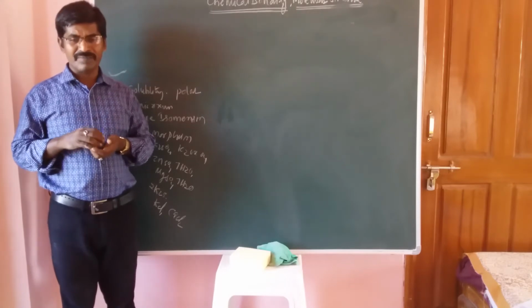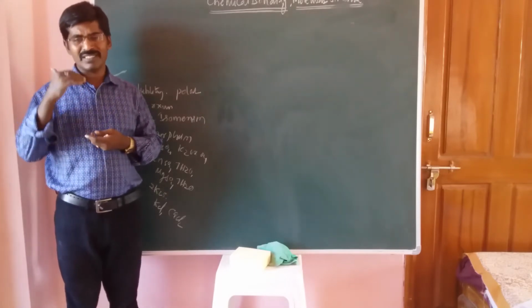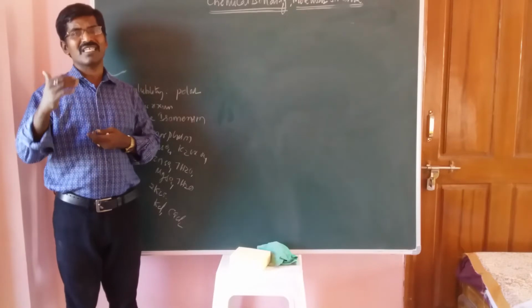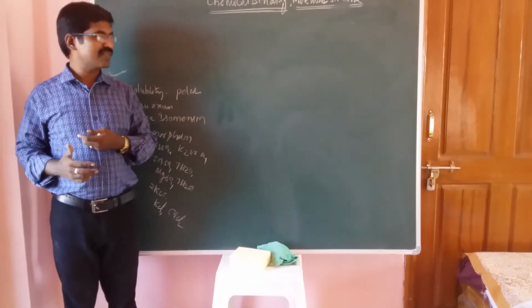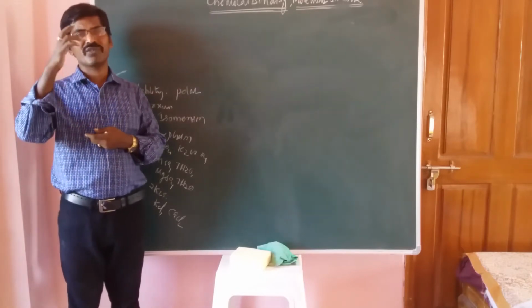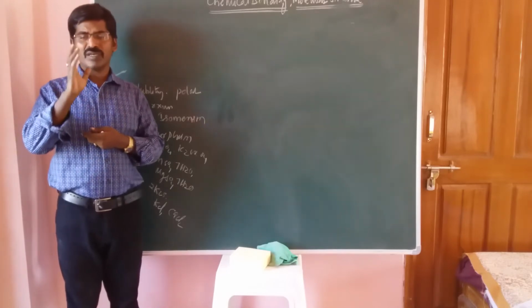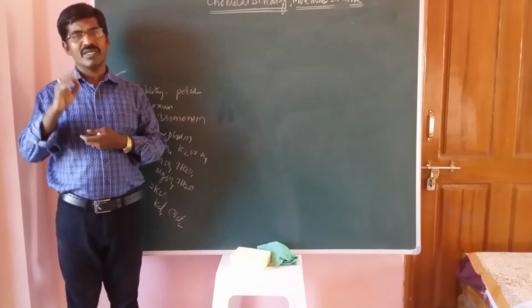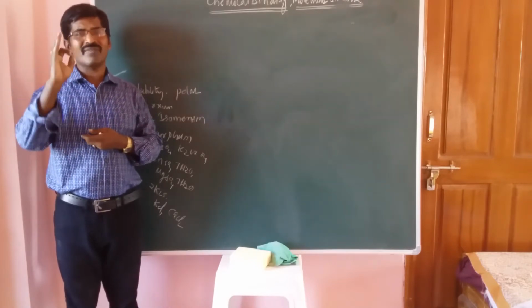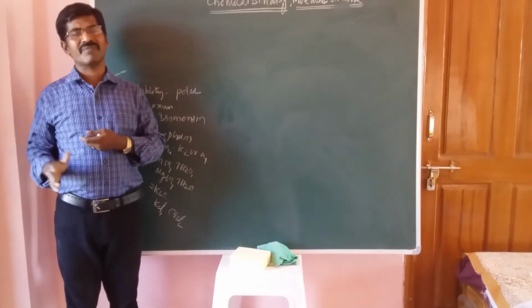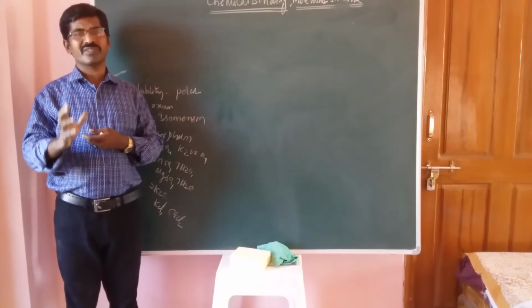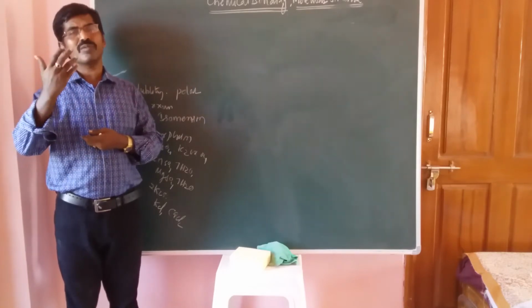One more thing: solubility always depends upon the nature of the solute and the solvent. That means polar compounds and non-polar compounds. Ionic compounds always come under the polar category, and non-ionic compounds under the non-polar category.